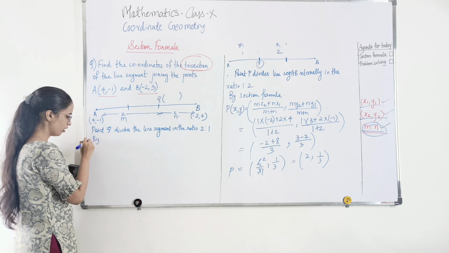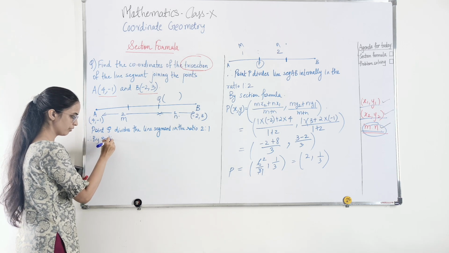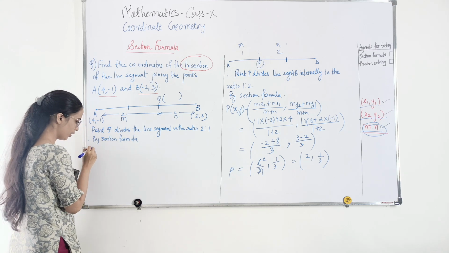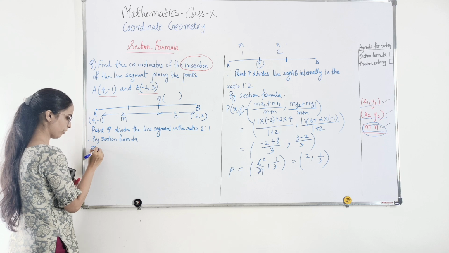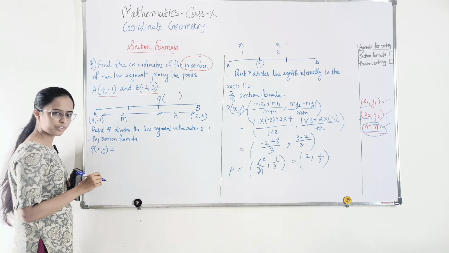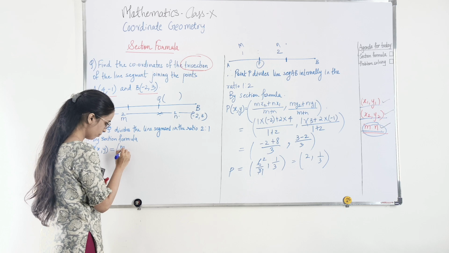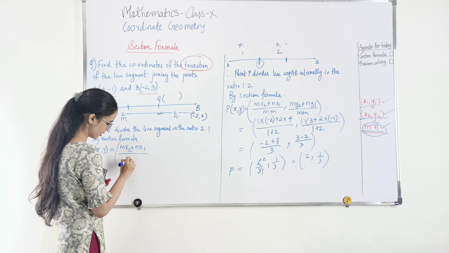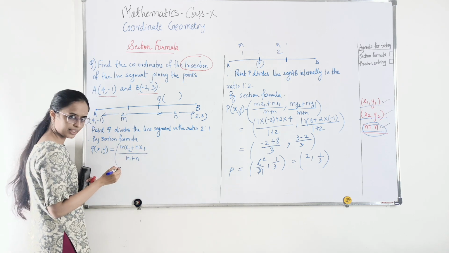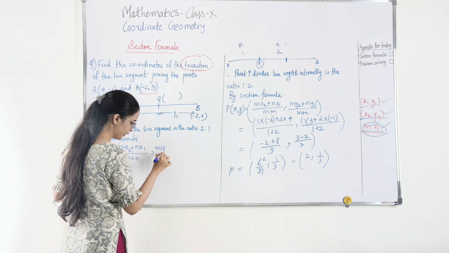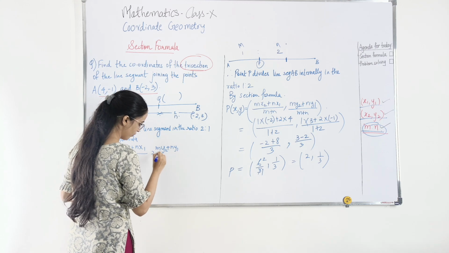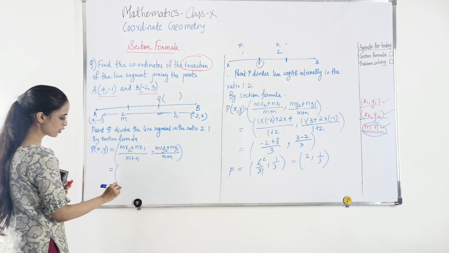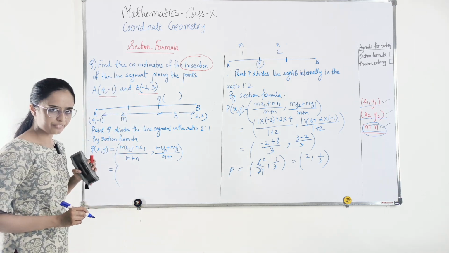Therefore, by section formula, your Q of x comma y, the x and y coordinate of Q would be m into x2 plus n into x1 upon m plus n. This is your x coordinate. And now m into y2 plus n into y1 upon m plus n. Just substitute the values for m and n over here, x1, x2 and y1, y2.